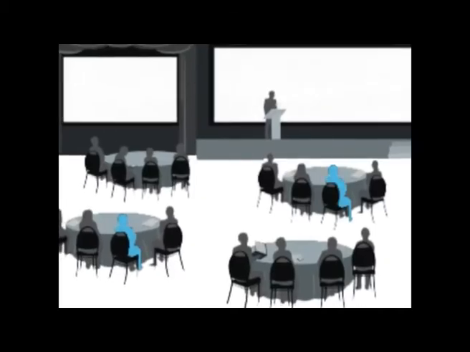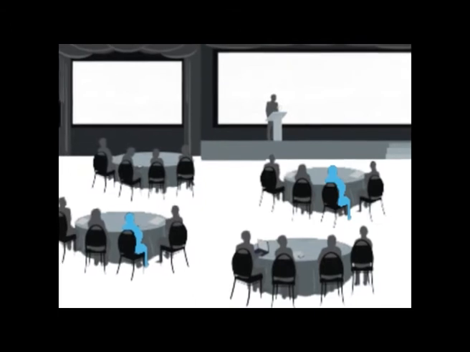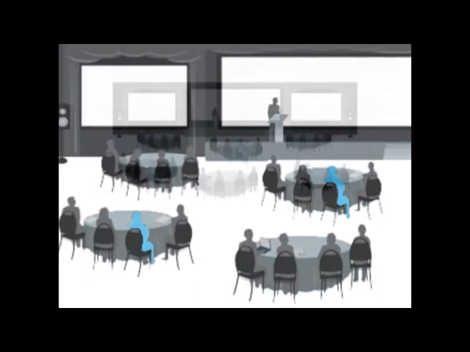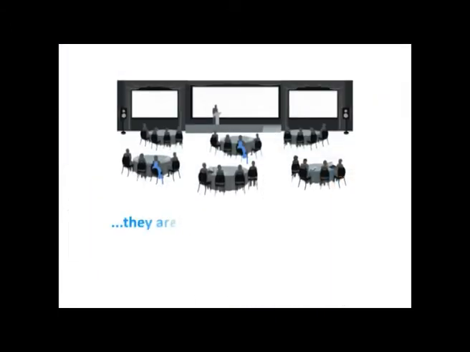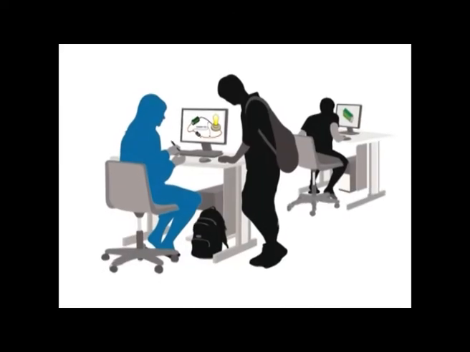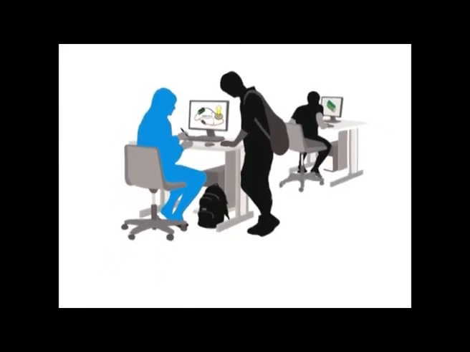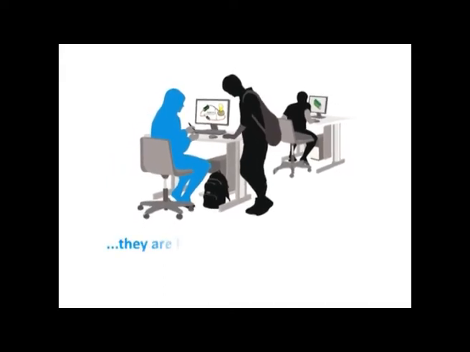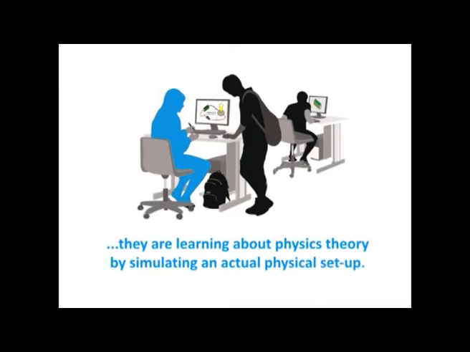When students take on roles of party delegates to a political convention and run the model of a convention, they are learning about the election process by simulating a political convention. When students create an electric circuit with an online program, they are learning about physics theory by simulating an actual physical setup.